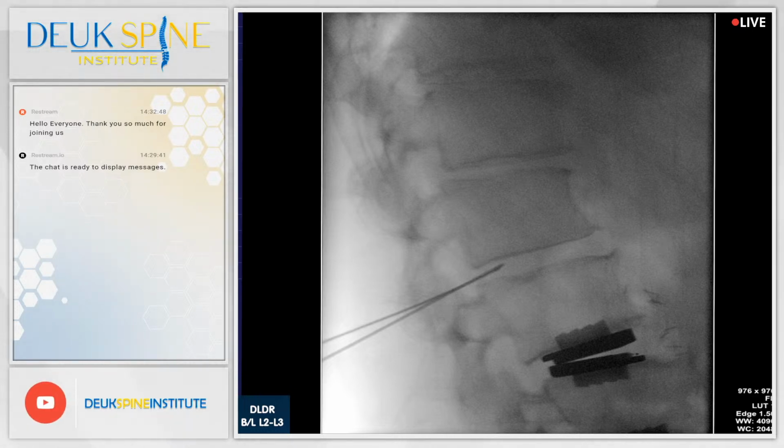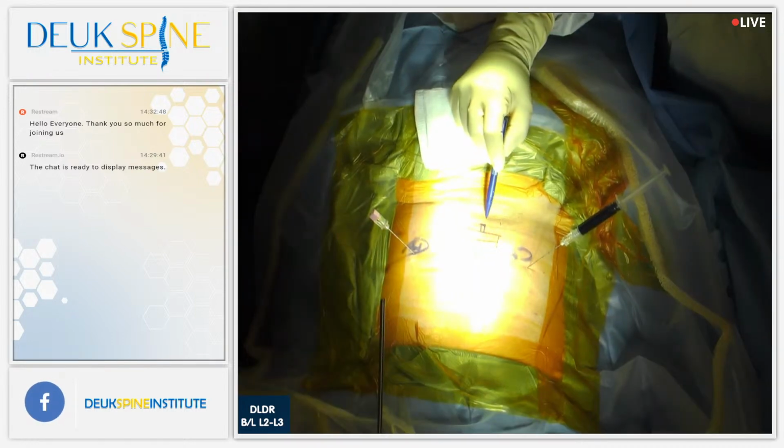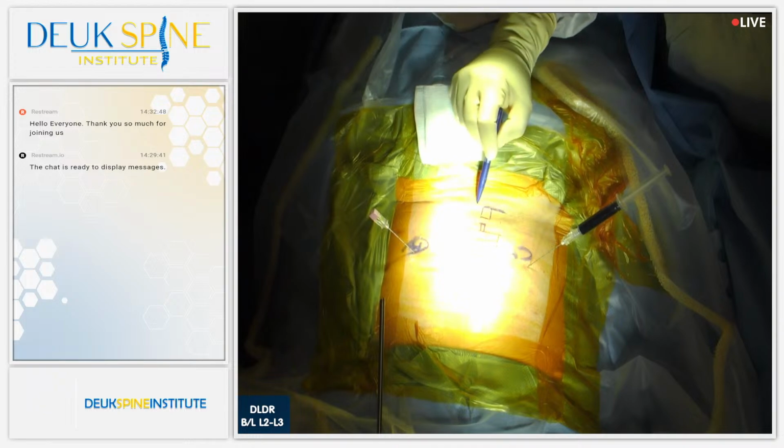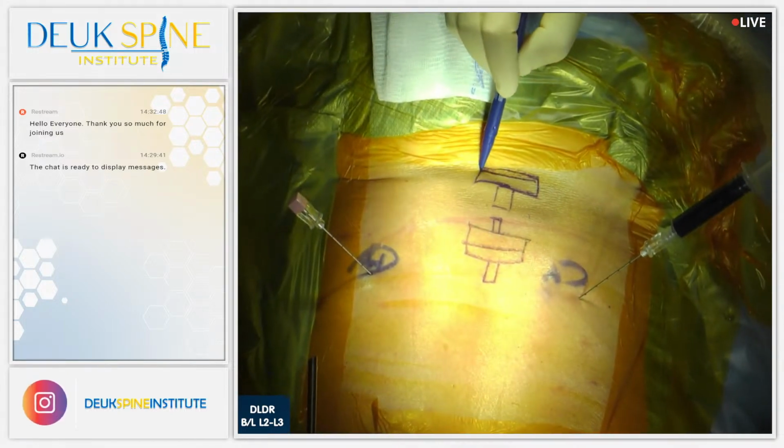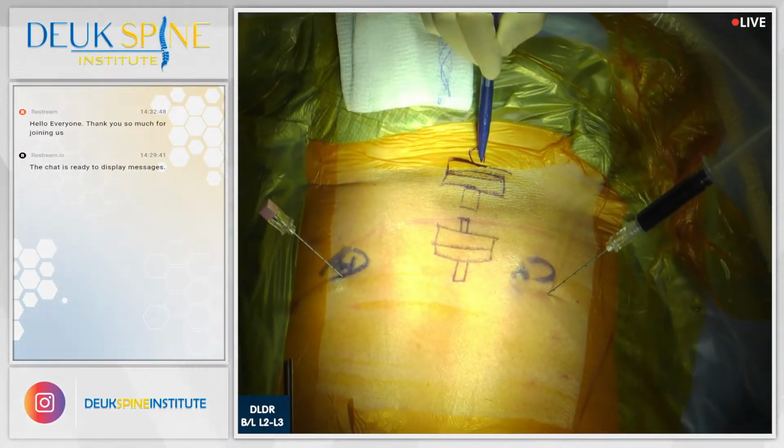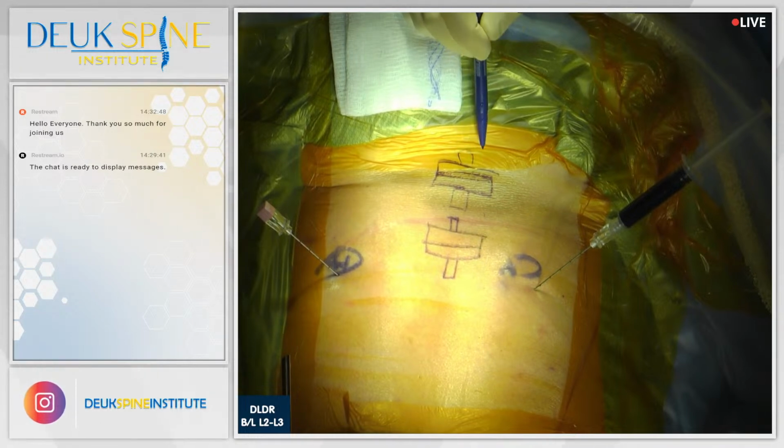All right, we're ready for this patient to help us. So far, remember, he's got an artificial disc at L3-4, another one at L4-5. My artistry is horrible, and another one at L5-S1.